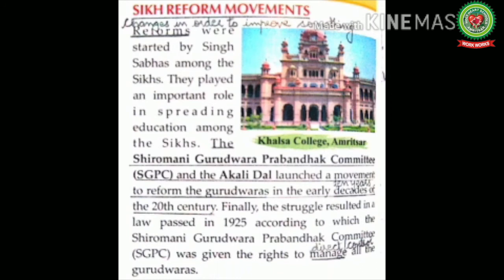By this act, the right of management of the Sikh Gurdwaras passed into the hands of the Shiromani Gurdwara Prabandhak Committee, or SGPC. The corrupt and selfish Mahants who had been exploiting these religious places were turned out of the Gurdwaras. This was certainly a great movement for the reform in the Sikh Gurdwaras.